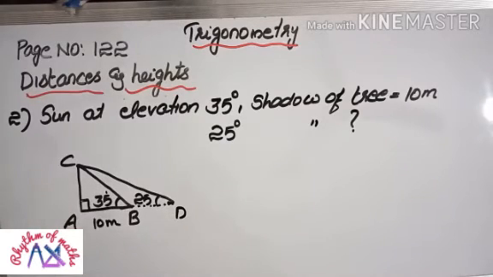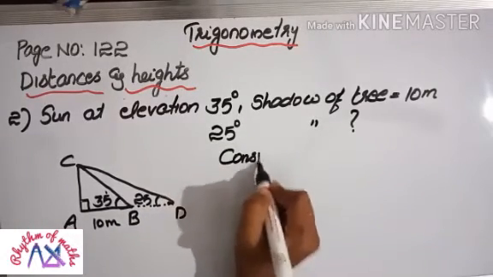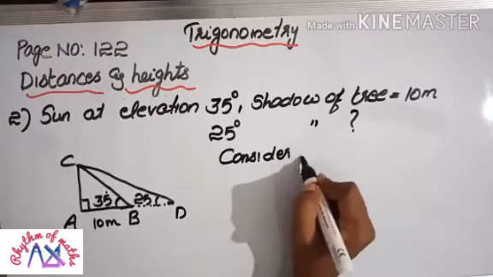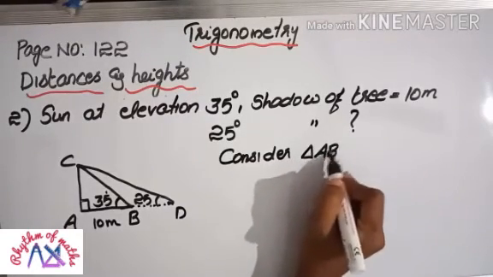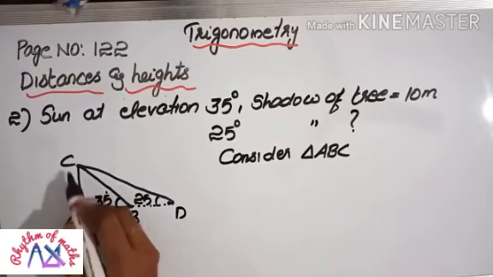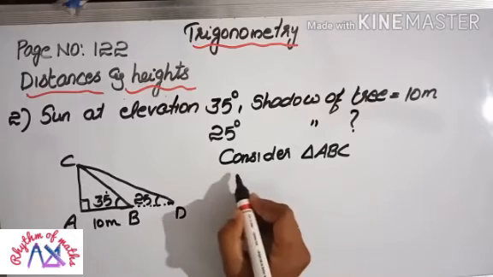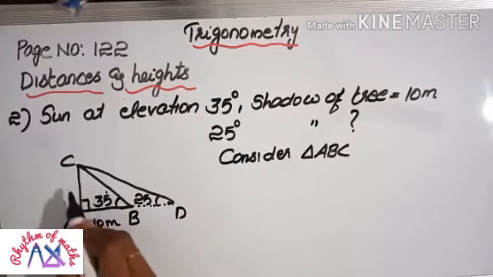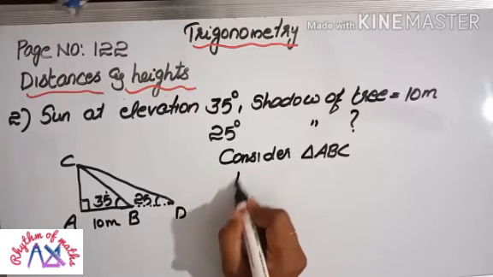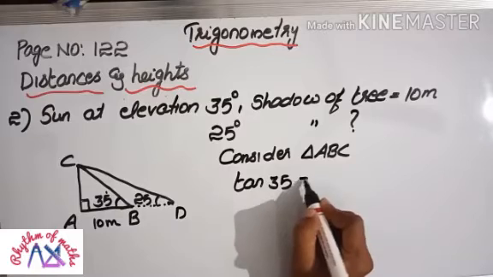So, the similar problem we already did in the previous case. Same like that. First, consider the first triangle, triangle ABC. In this triangle ABC, what do we need to find? The tree's height. Tree height means 35 degrees opposite side, adjacent is given, so we can apply tan 35.